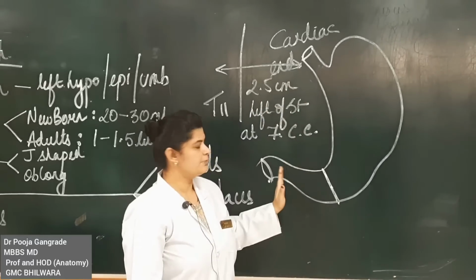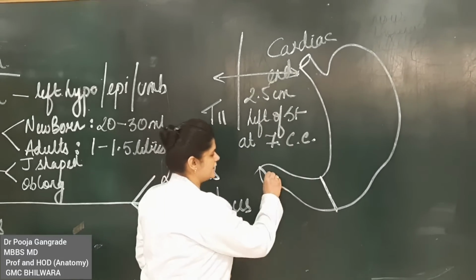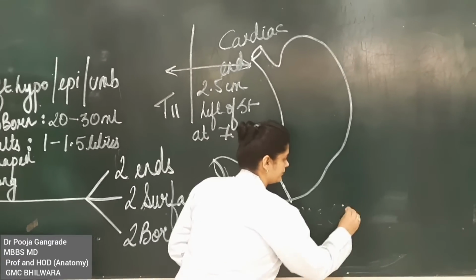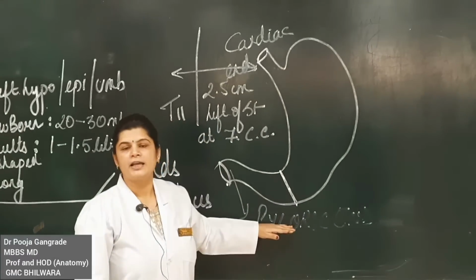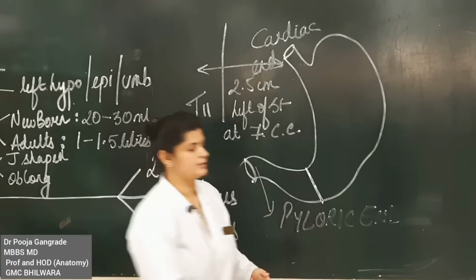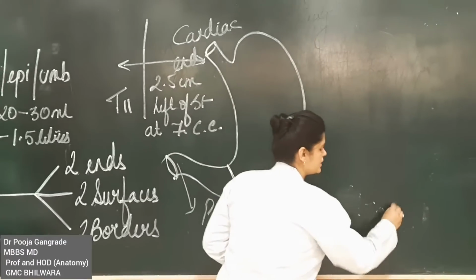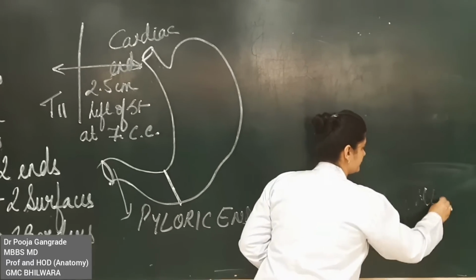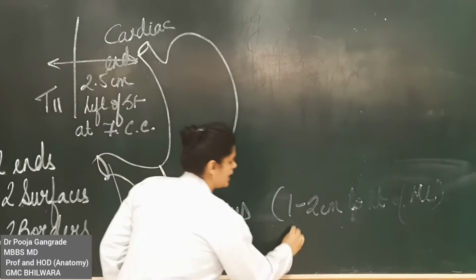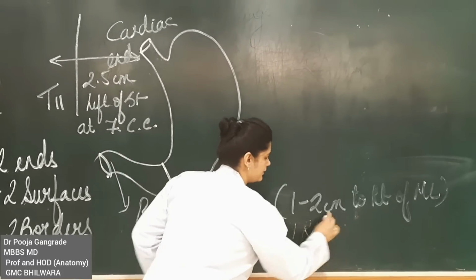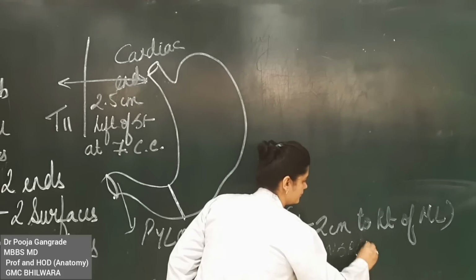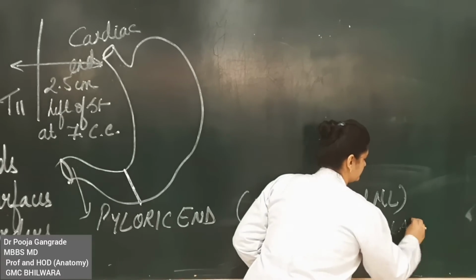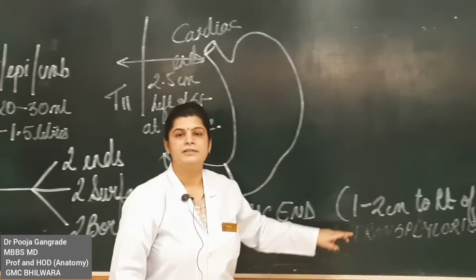Okay? Now, let's come down to the pyloric end. This end is called the pyloric end. The pyloric end is present around 1 to 2 centimeters to the right of midline at the transpyloric plane.